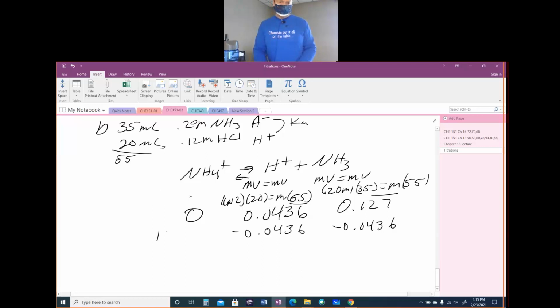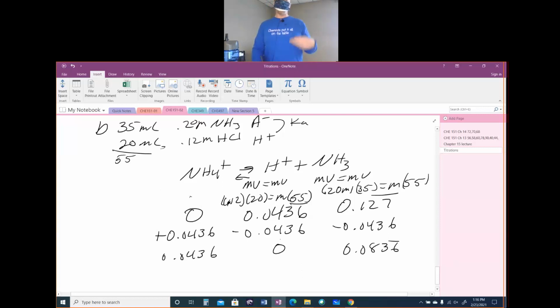It is forming it on the other side, plus 0.0436, repeating. So we have 0.0436, and we subtract it, and we get 0.0836, repeating. All right, and then the H plus is 0.